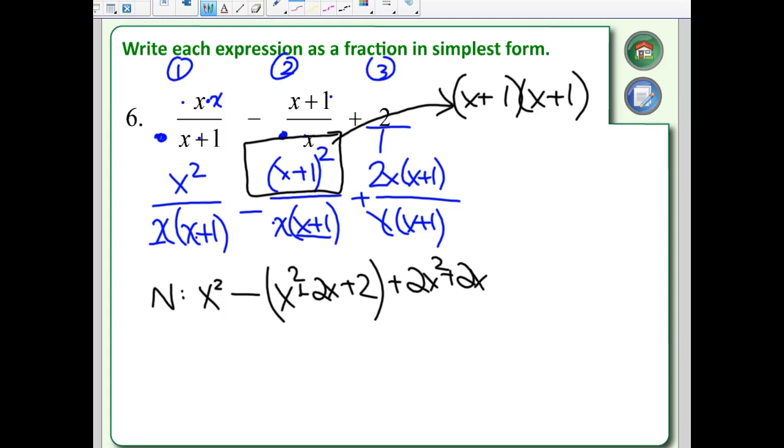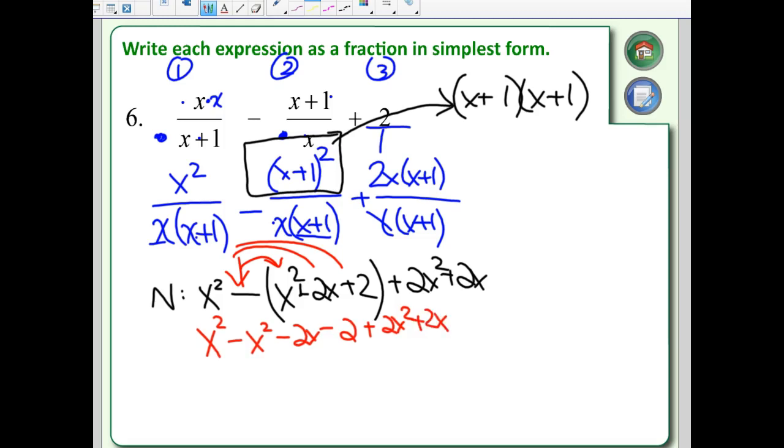Okay, now, because of this minus sign here, we're going to have to change everybody's sign. So this is going to be x squared minus x squared minus 2x minus 2 plus 2x squared plus 2x all over that common denominator.